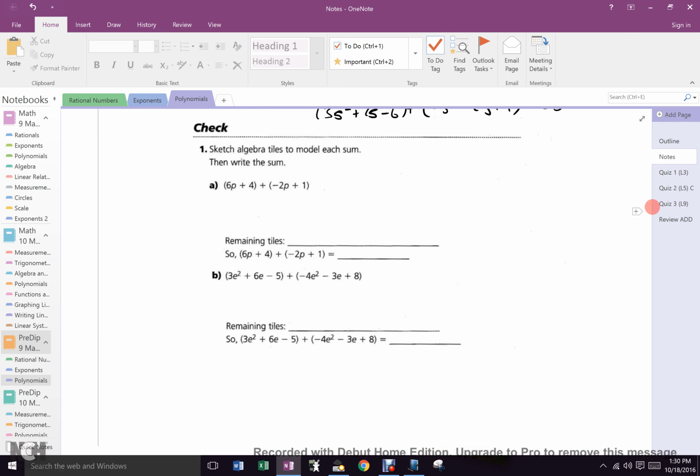So, you guys go ahead and do these. 6 bars. 4 little guys. 2 bars shaded. 1 little guy. Do the grouping. Takes 2 seconds to do.